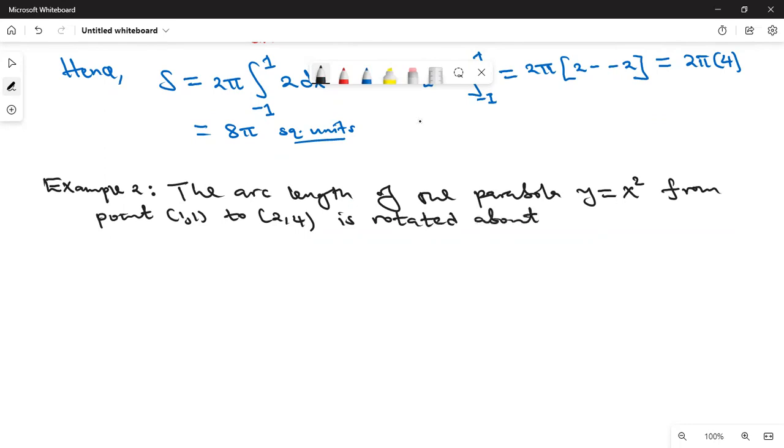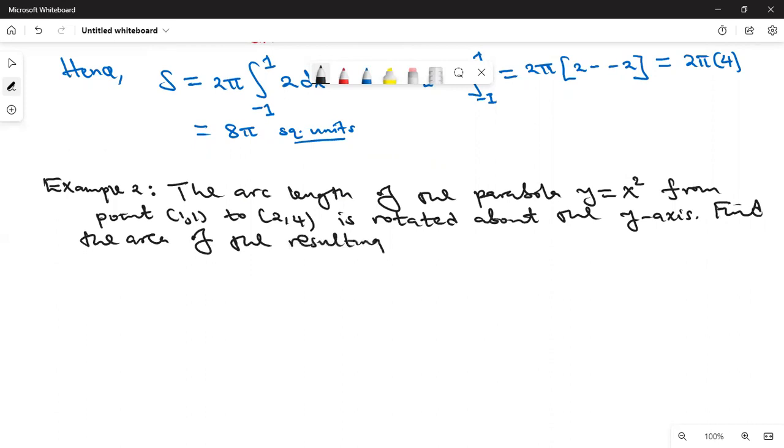Find the area of the surface generated, or the resulting surface. So this is rotation about the y-axis.